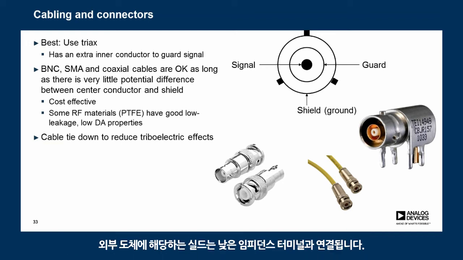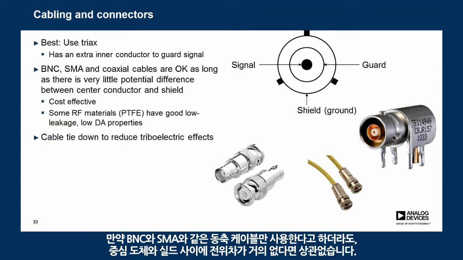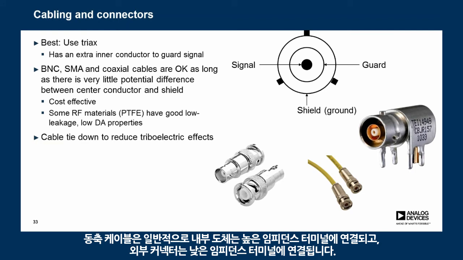And the shield, which is the outer conductor, is then connected to the low impedance terminal. And if you only have coax cable like BNC and SMA, it is okay as well, as long as there is very little potential difference between the center conductor and the shield. So for a coax cable, the inner conductor is typically connected to the high impedance terminal, and the outer conductor is connected to the low impedance terminal.